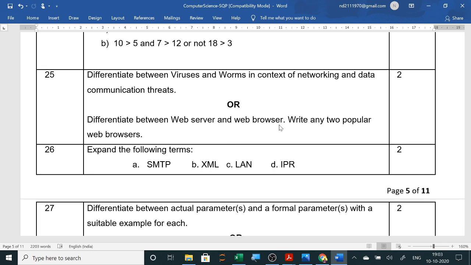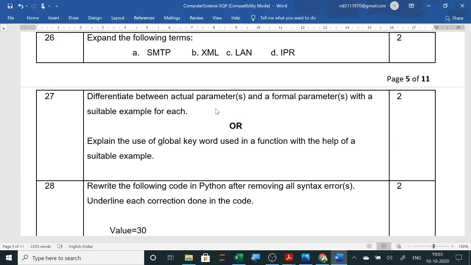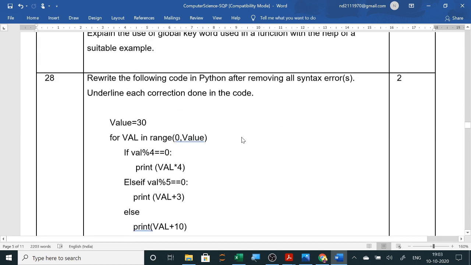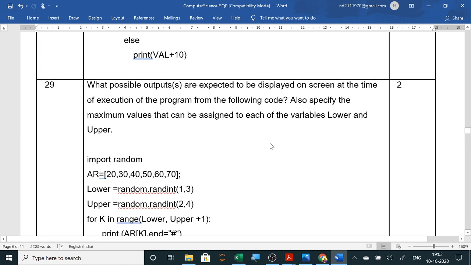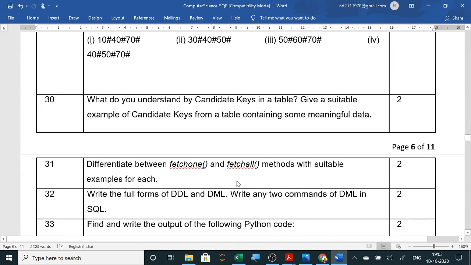So here you can see in network you have 1 choice, and in actual parameter, formal parameter and global keyword you have the choice. The rest is rewrite, output of random, so no choices are given in these questions. Then candidate keys, and all the questions have been mingled up, no separate unit wise questions are there.